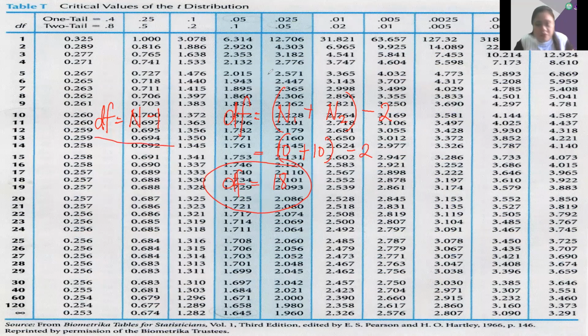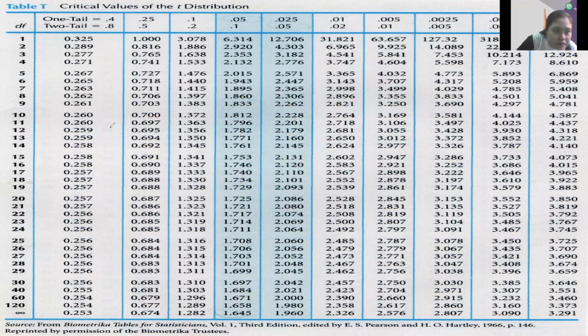Itong isa na formula ginagamit pag you only have one group. You ask question ha if hindi naintindihan. So, ganito ang gagawin natin. 18. Ito yung degrees of freedom natin. And for the alpha or the level of significance, basahin nyo muna yung problem.